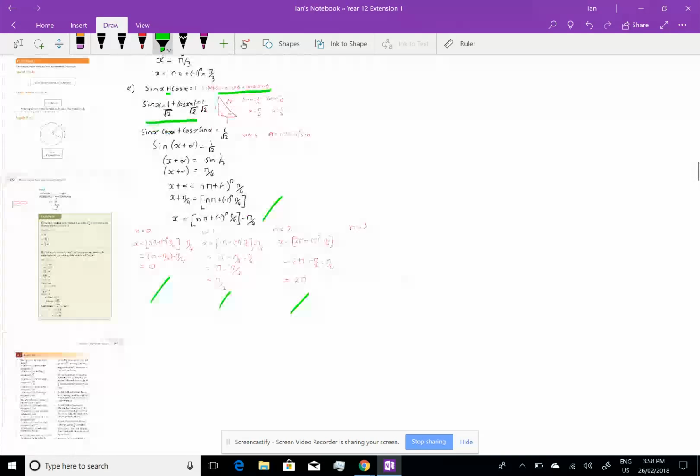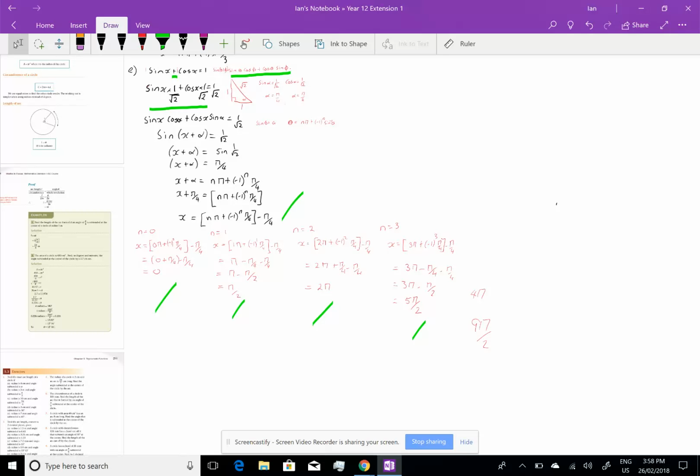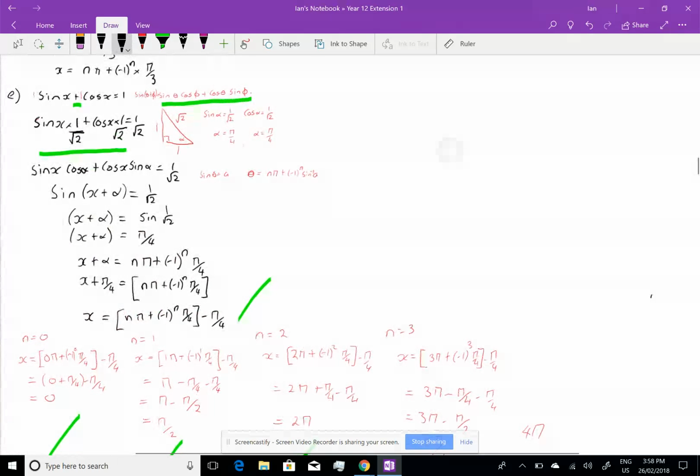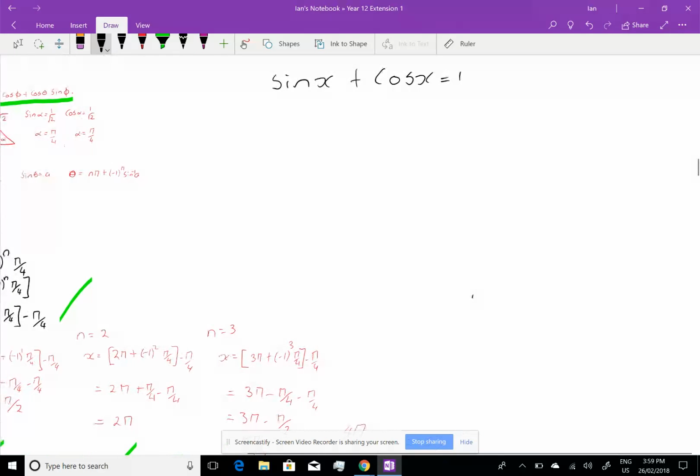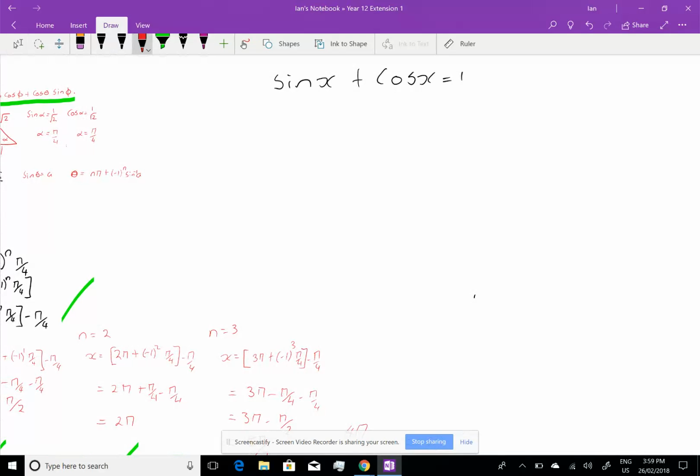Let's go and do this another way. Instead of using sine, let's use cos. So I've got sine x plus cos x equals 1. Now, if I'm going to use a cos formula, remember, cos theta minus phi.